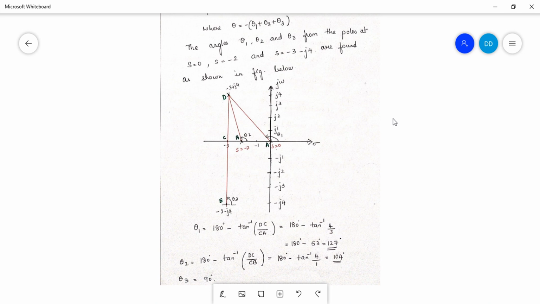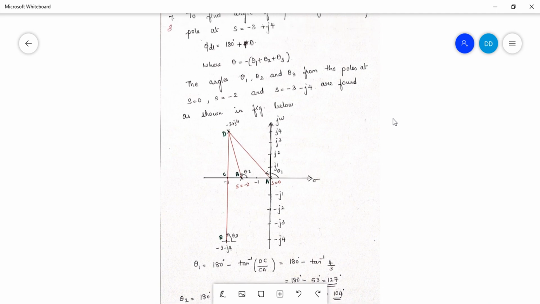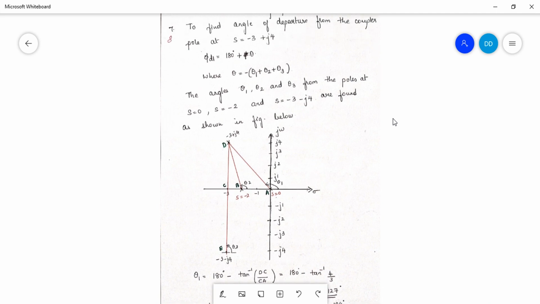So 180 degrees minus tan inverse of 4 units by 1 unit, the difference between point C and point B. Tan inverse 4 by 1 gives us 104 degrees. Theta 3 need not be calculated, as you can see directly it is equal to 90 degrees. So we have theta 1, theta 2, theta 3. We need to substitute them in the phi d1 formula, which will give us the answer for phi d1.